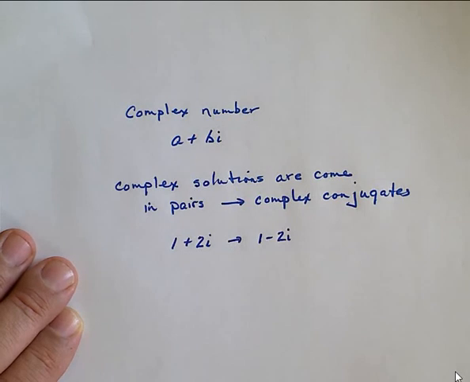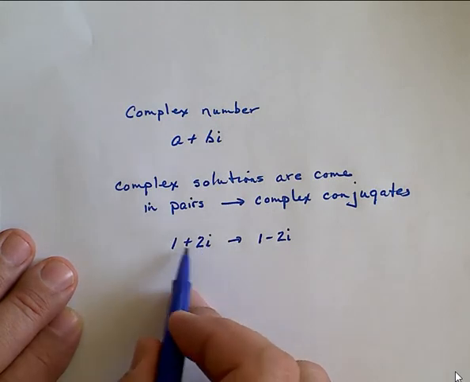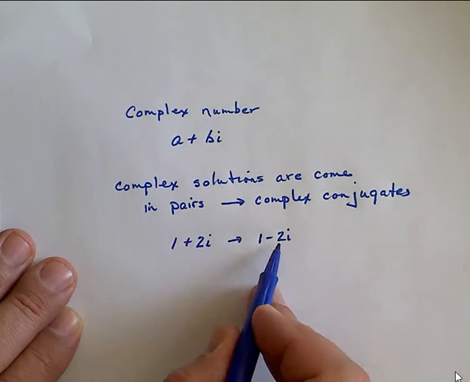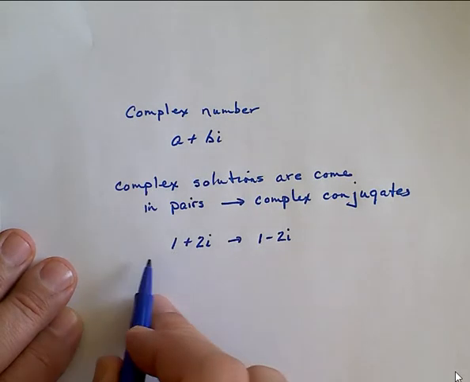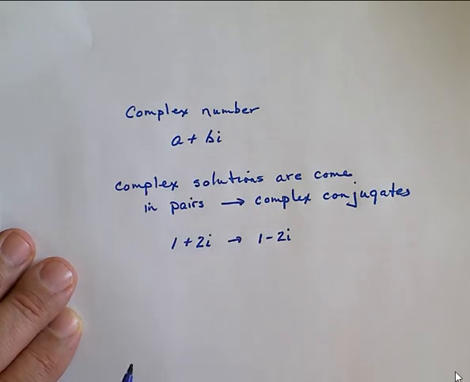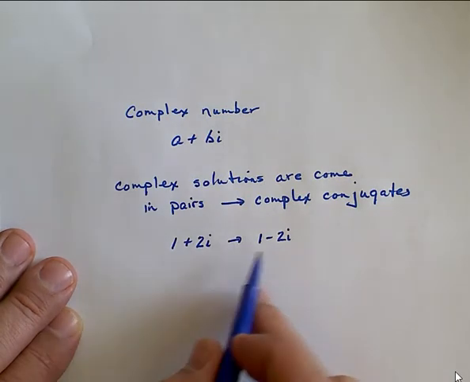Now notice that the i term changed to its opposite sign, but the 1 did not. That's how you create a conjugate: you change the sign on the imaginary term, but not on the real term in that complex number. So there is a complex number in standard form and its conjugate.